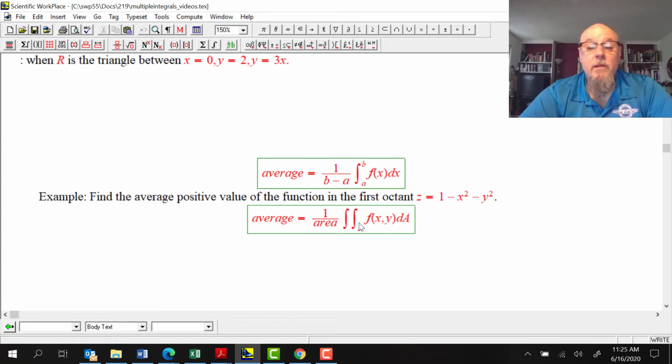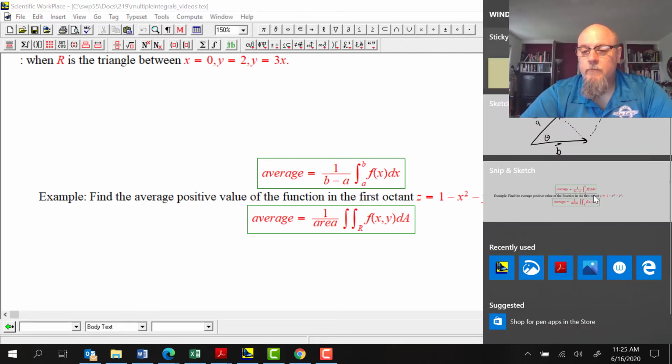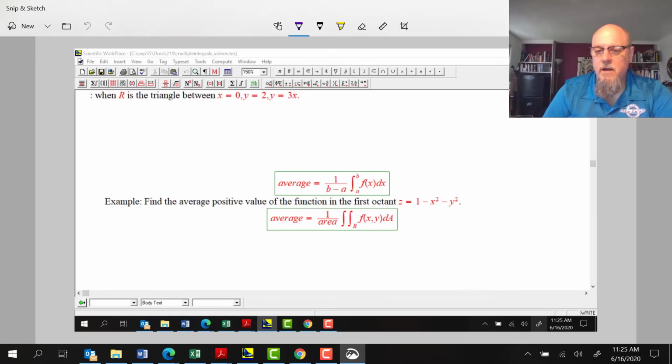And double integral, got to draw the shape. It's the positive value in the first octant, so let's draw our shape here.